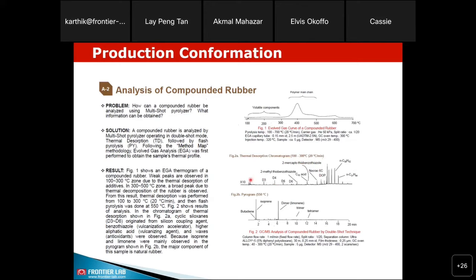In this case, you can see the 2-methylthiobenzothiazole and mercaptobenzothiazole, then also this antioxidant and plasticizer. And in the pyrogram, you can see the isoprene and butadiene rubber. So that's what you are basically getting: in the thermal desorption, all types of additives, and in the flash pyrolysis, you are getting the polymer information.